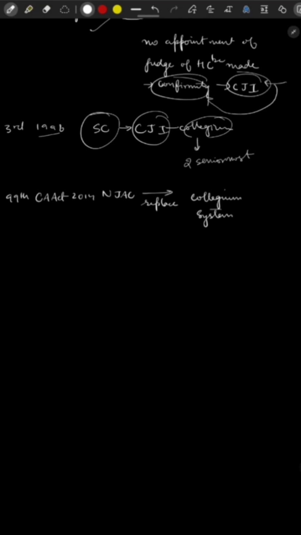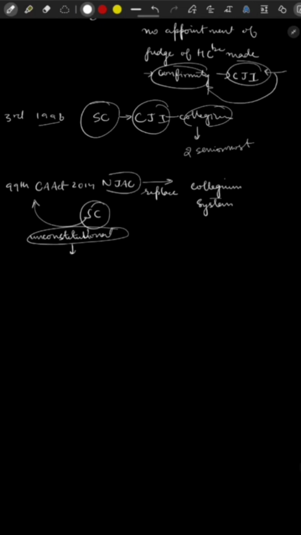But the Supreme Court struck down this 99th Constitutional Amendment Act as unconstitutional. This verdict, in which the NJAC was declared null and void, is referred to as the Fourth Judges case, in 2015.